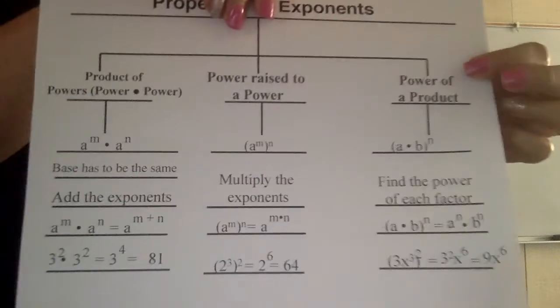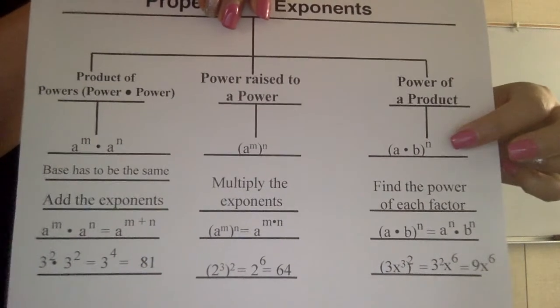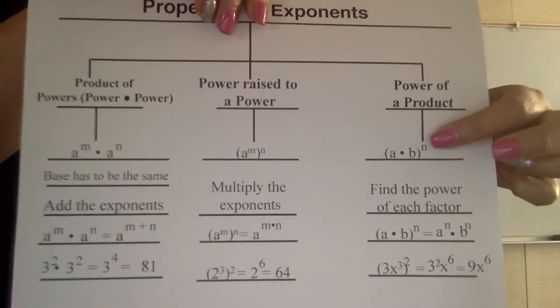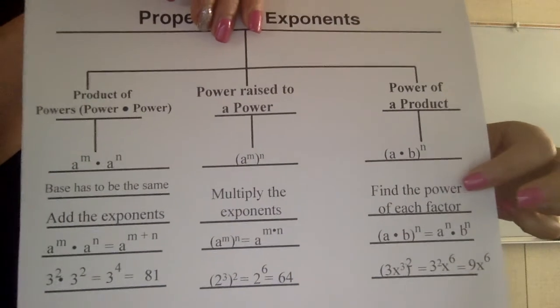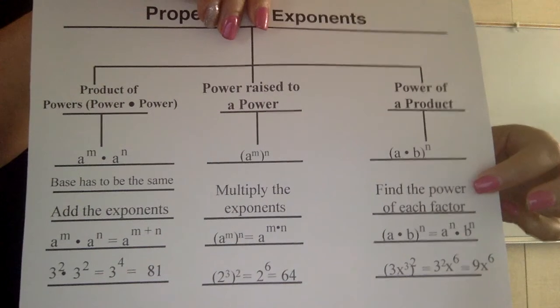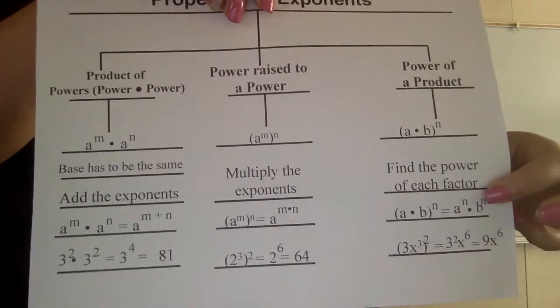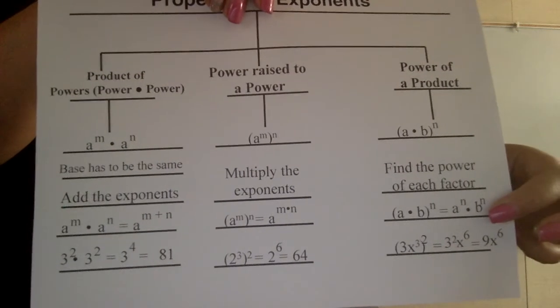Over here on this side, we have two numbers in the parentheses to the nth power. That means that each of them is going to get that exponent. So the a is going to get that exponent and the b is going to get that exponent.